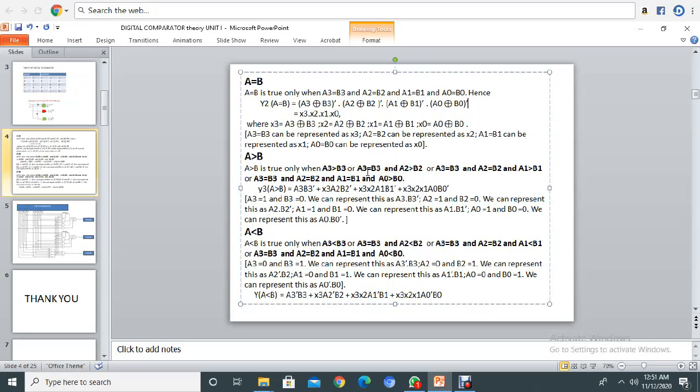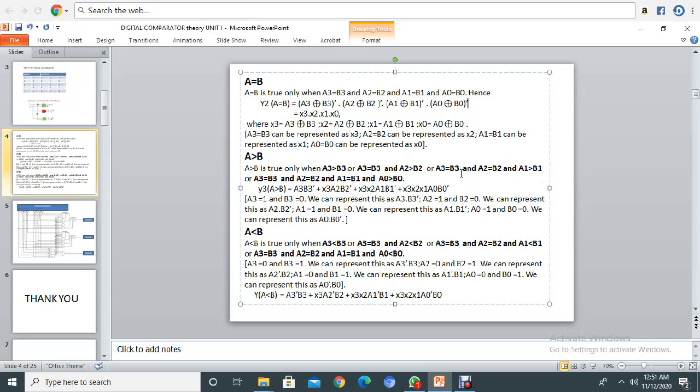So A3 is equal to B3, and if A2 is greater than B2, then we can say that A is greater than B. Or if first bit A3 is equal to B3, then the second bit also same, A2 is equal to B2. In this case, you have to check the next bit, whether A1 is greater than B1.